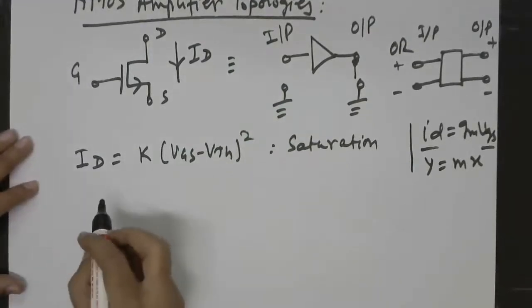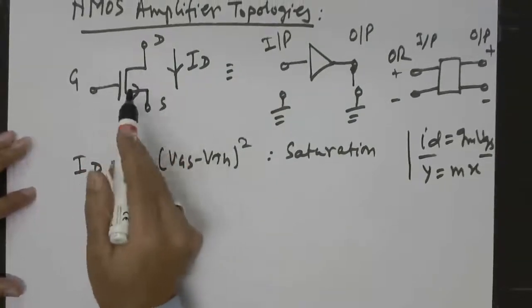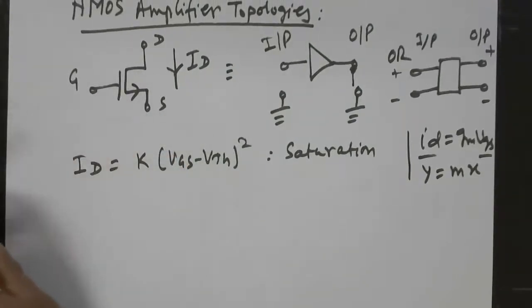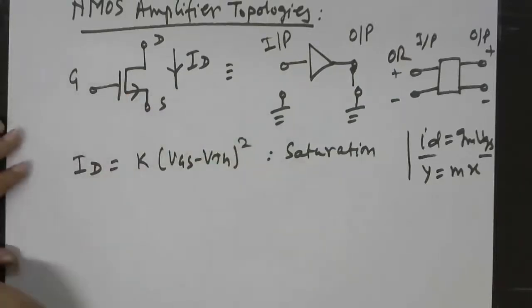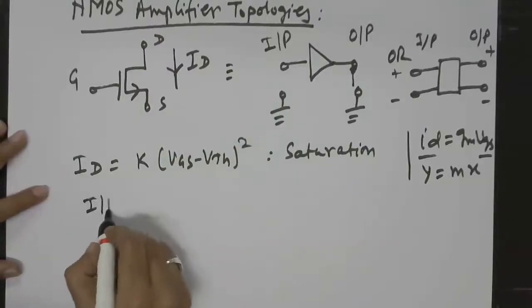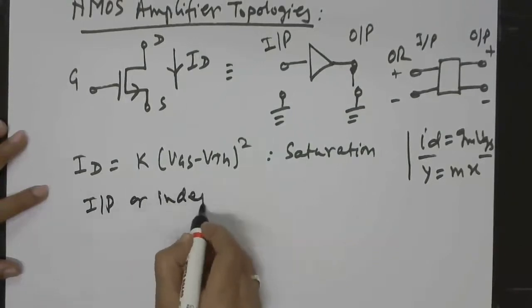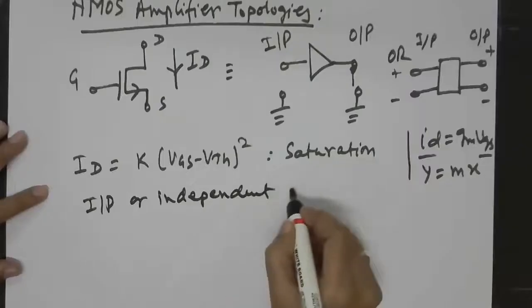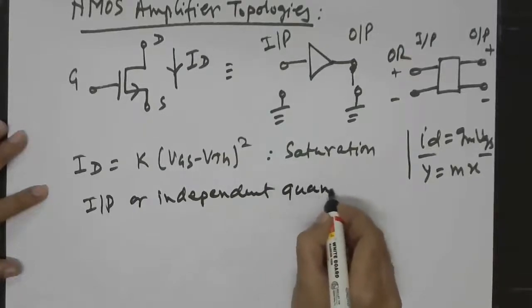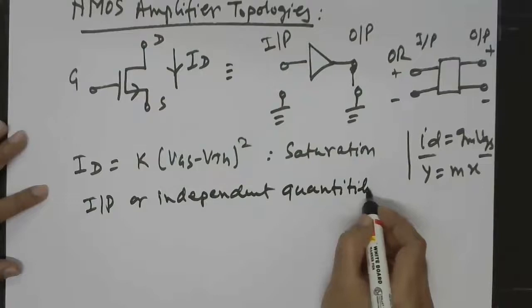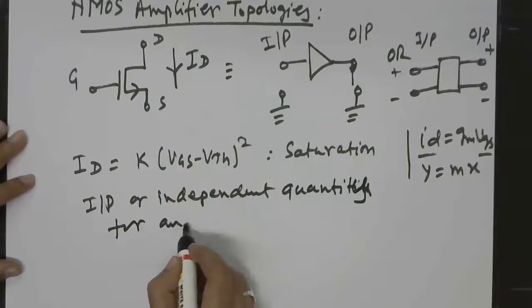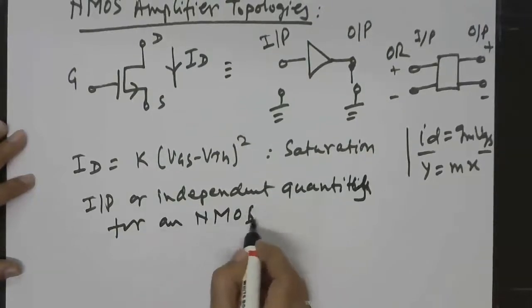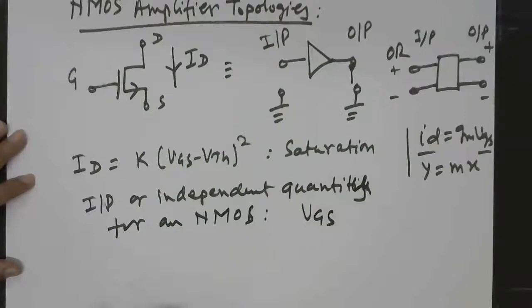So here we find that when we try to segregate the nodes in terms of input and output, that is equivalent to segregating the nodes in terms of independent variable and dependent variable in terms of mathematics. So here we see that the input or independent quantity for an NMOS, or even for PMOS, is the gate to source voltage.